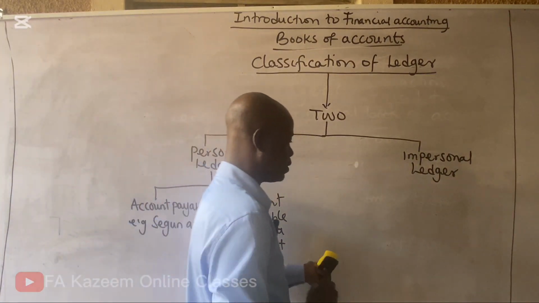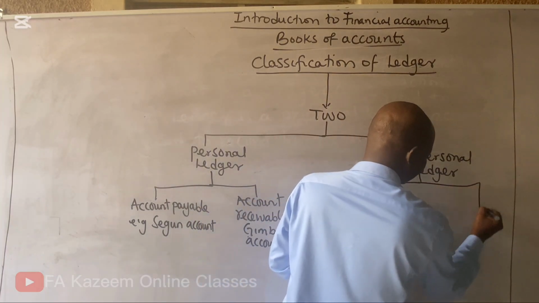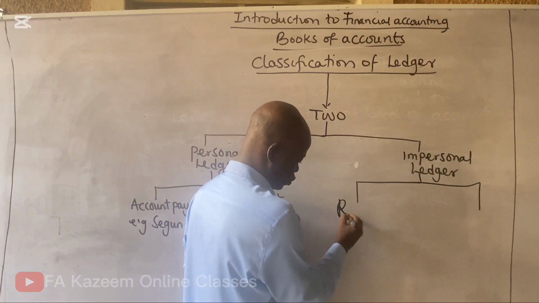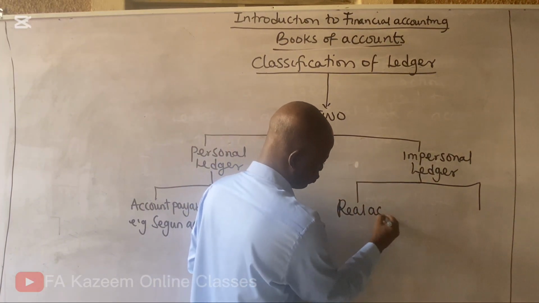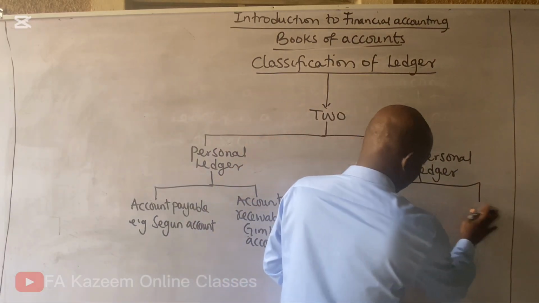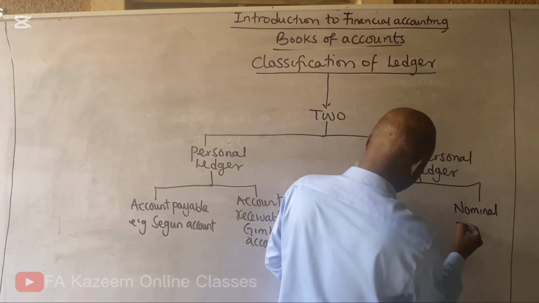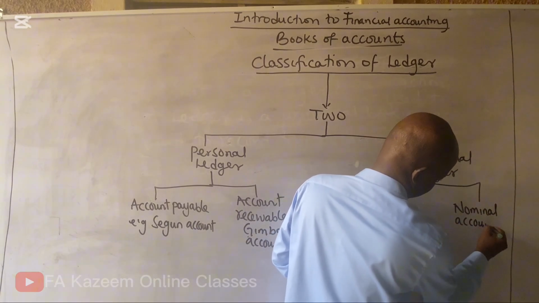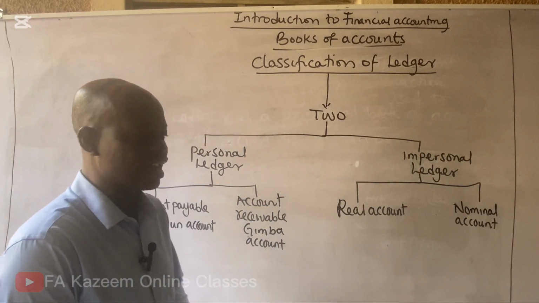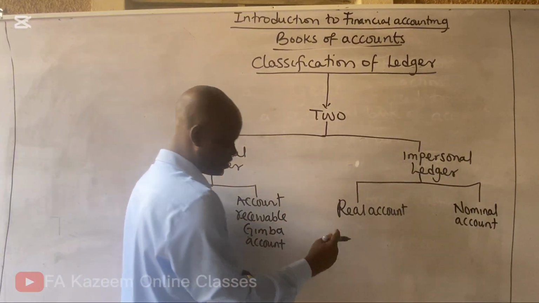Now let's go to impersonal ledger. An impersonal ledger is classified into two. Under impersonal ledger, we have what we call real account, and we have what we call nominal account. Real accounts are accounts that have to do with tangible assets.